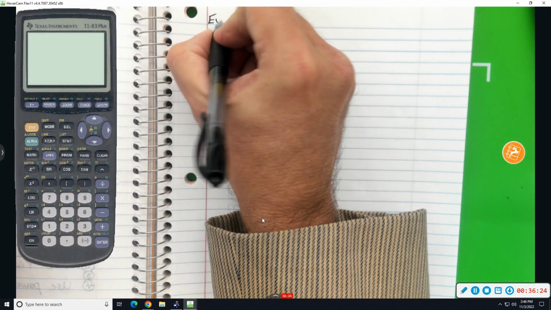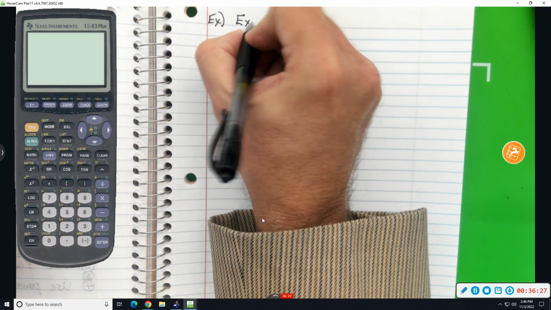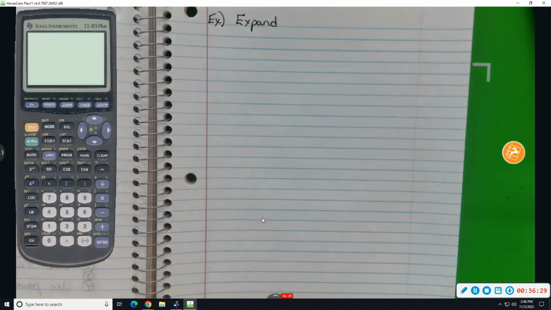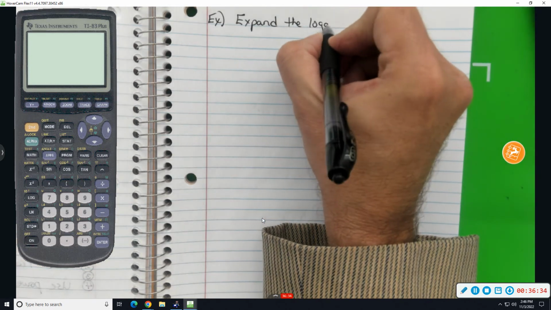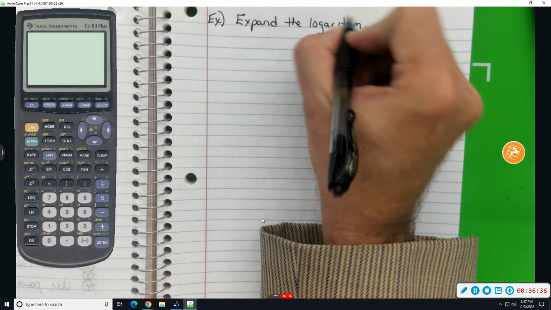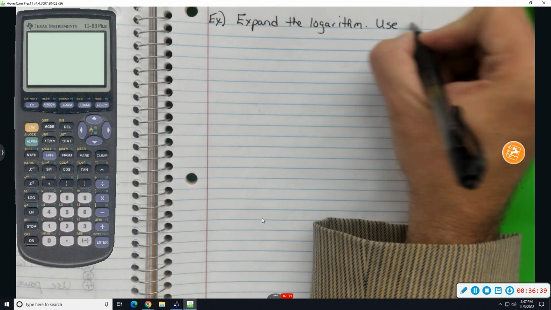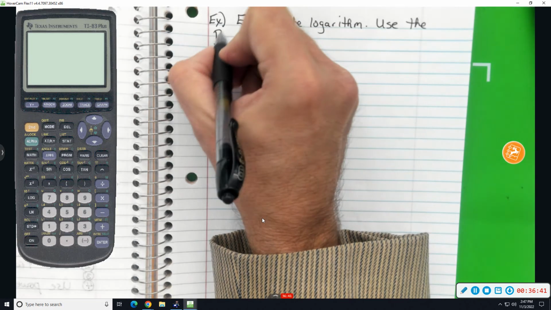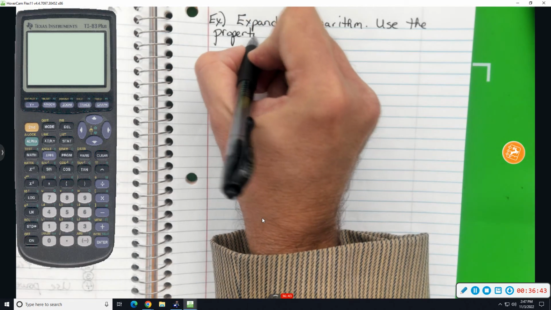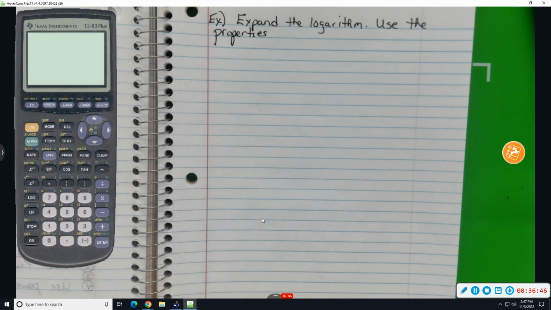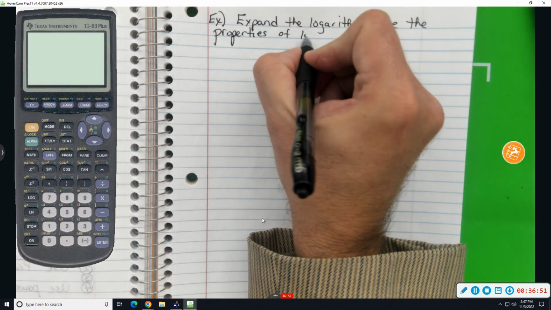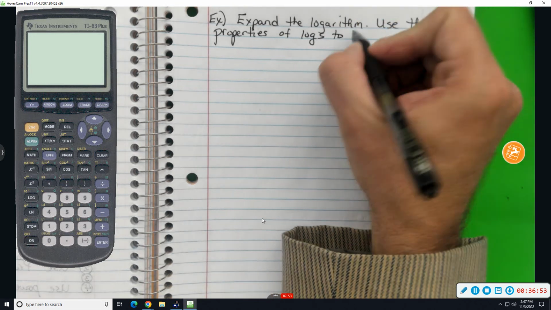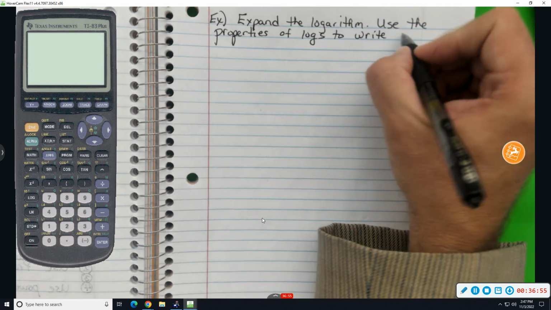The instructions in my lab will either say something like expand the logarithm, or it might say something like use the properties, and that's what they mean by quotient rule, power rule, and product rule. Use the properties of logarithms to write as a sum or difference.